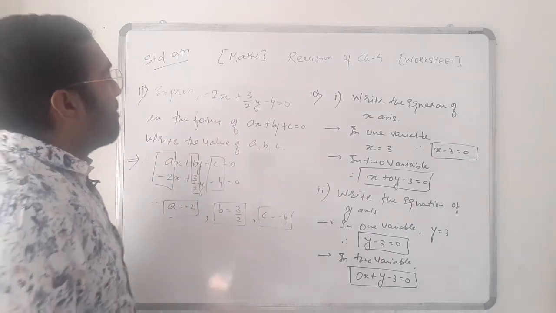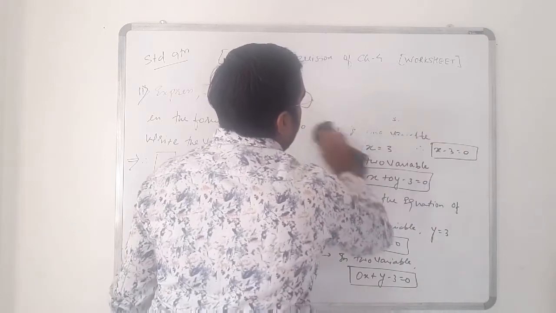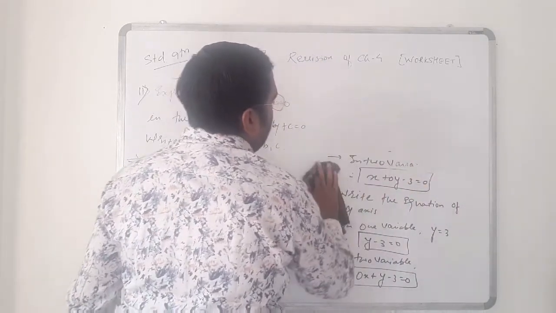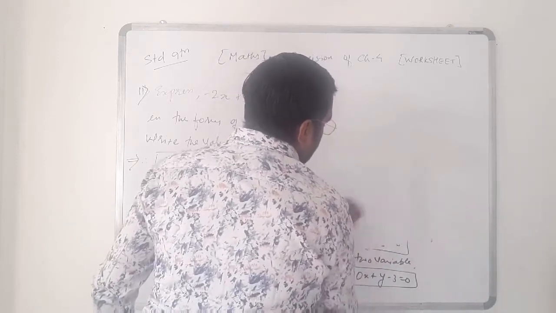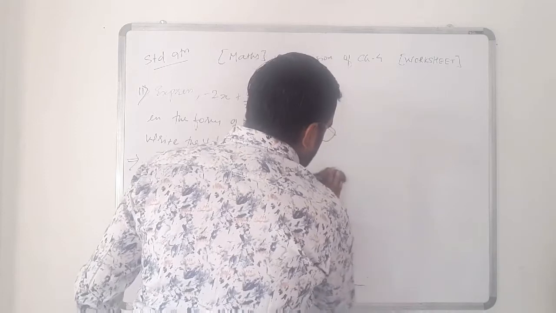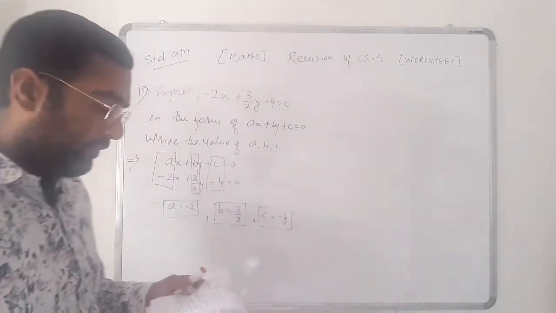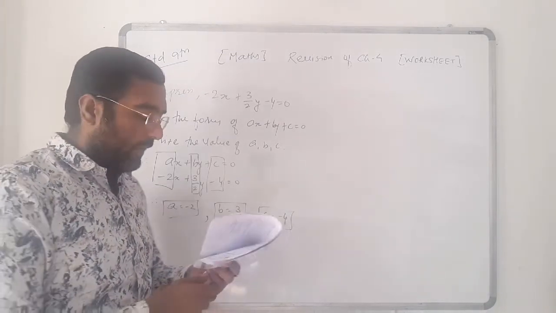Now question number 12: write two solutions of 3x plus y equal to 8.